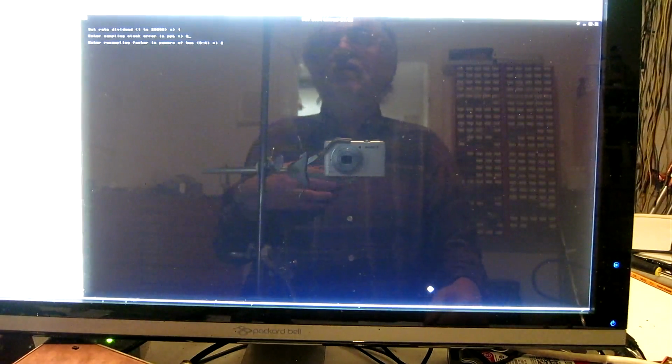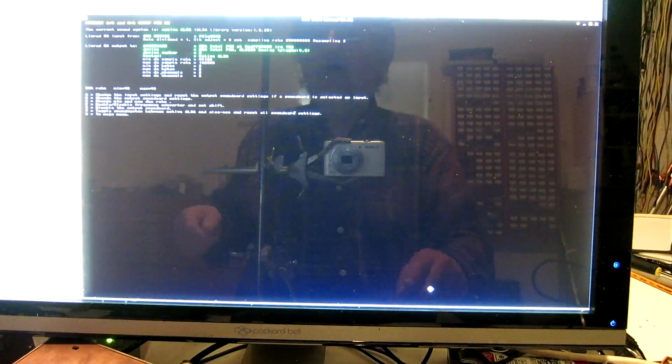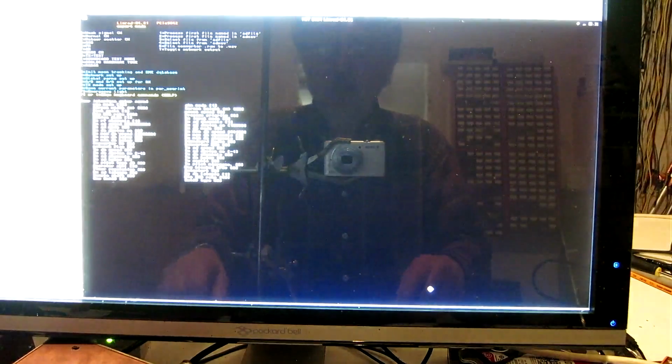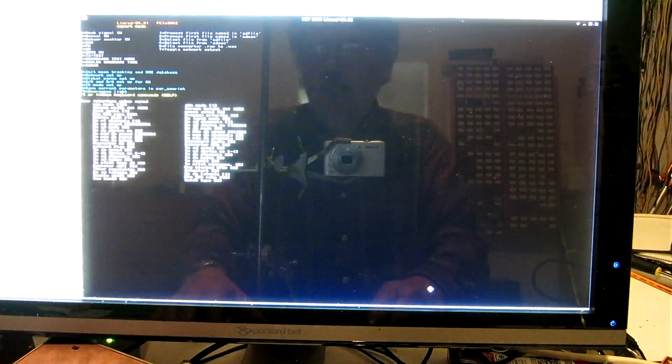Let's make it 2. It means that the clock is divided by 4 for a sampling speed of 50 megahertz with a 25 megahertz total bandwidth. X, X, W to save, and then D again, and now the sampling speed is 50 megahertz.